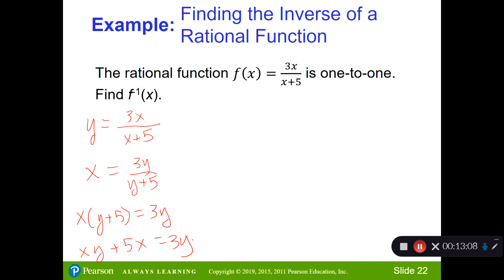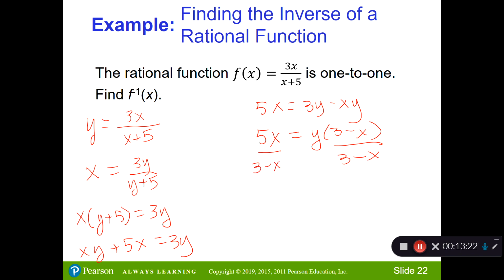So I'm going to subtract this term to this side. Factor out the y that's in common. And that leaves 3 minus x divided over. And we get y equals 5x over 3 minus x. F inverse of x is 5x over 3 minus x.